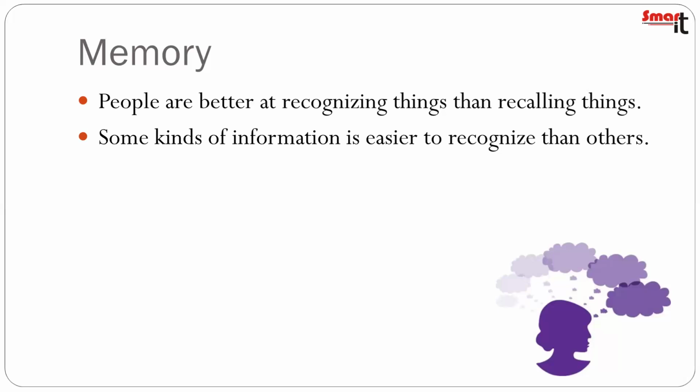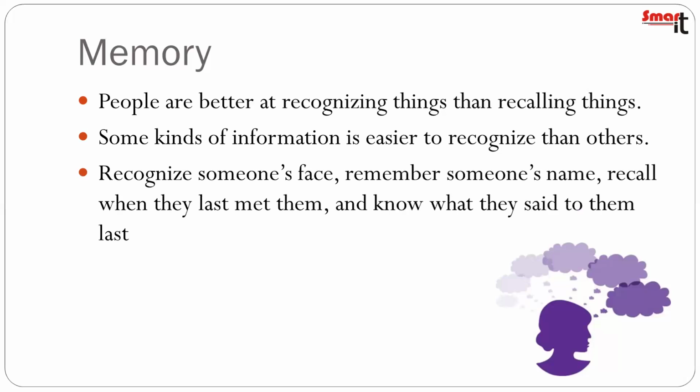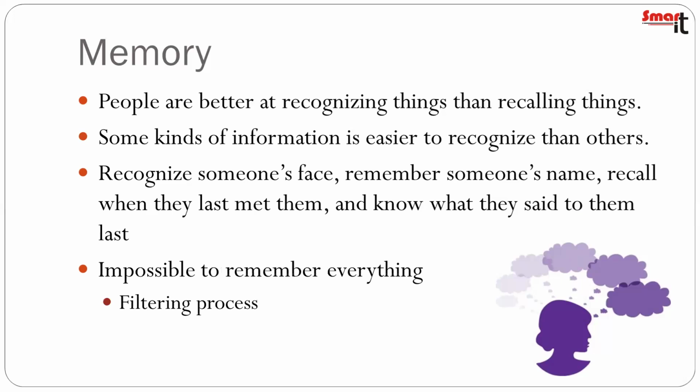Now you can't recognize that person even after you see them after a few years, but some persons can be recognized easily. That depends on how you get the information and how it is attached to your mind and brain. So that is recognizing a person's face. Right. And another important thing is that it is impossible to remember everything.